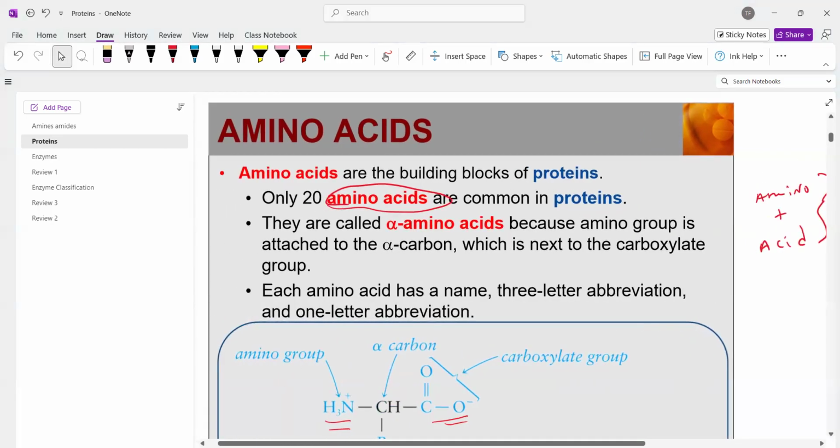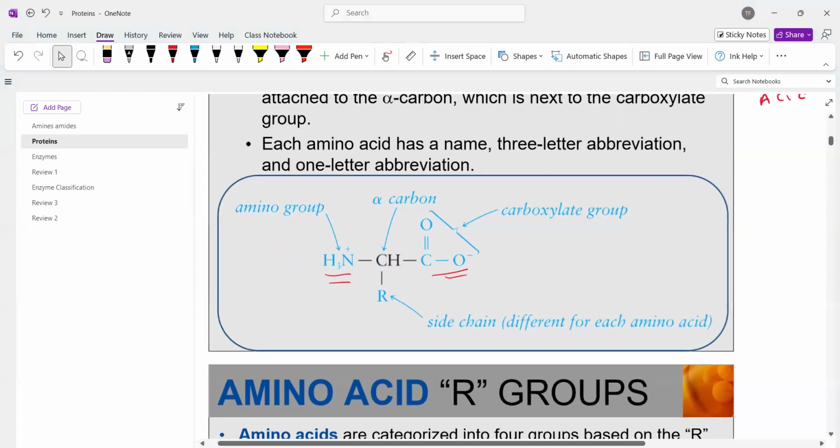However, in the proteins in our body, there's a unique part of each amino acid. And there's only one carbon in between the amino group and the carboxylic acid group.